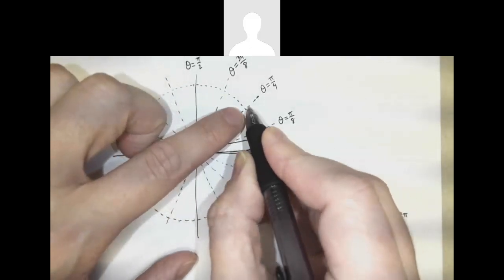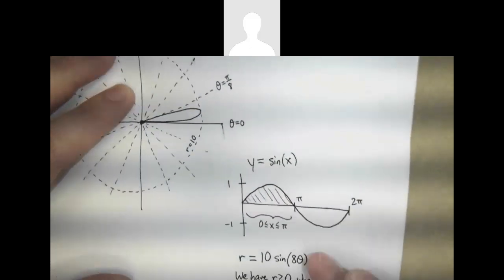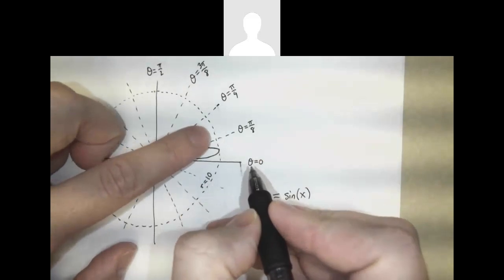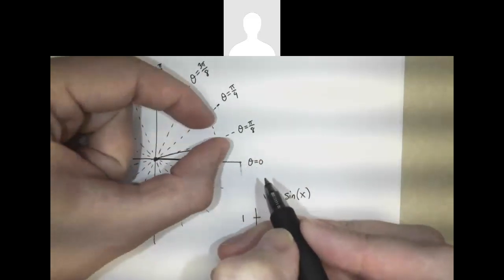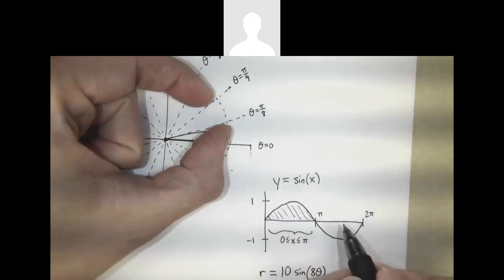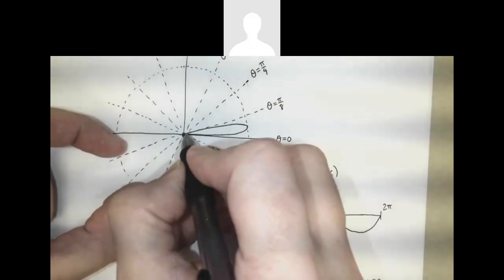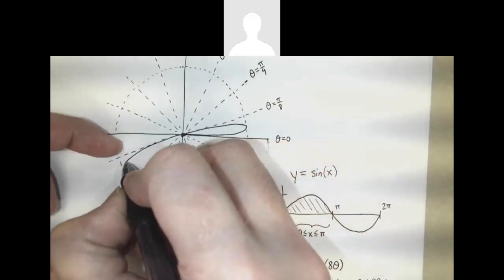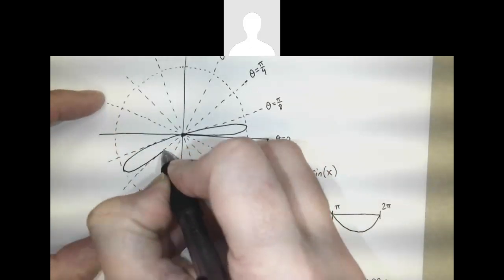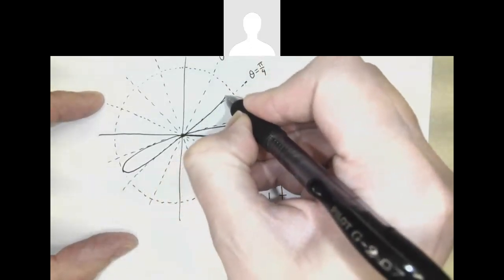And then as we go from pi over 8 to pi over 4, well, that's going to be the negative part. So we're going to be inside this region here, but it's negative. So it's going to be on this side. So it's going to continue on, look something like this. And then we will be positive again.